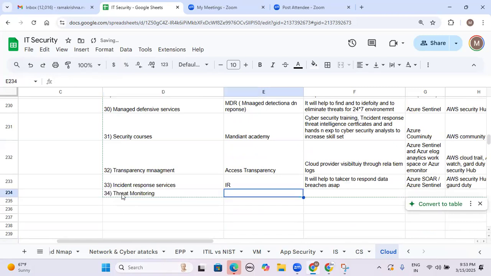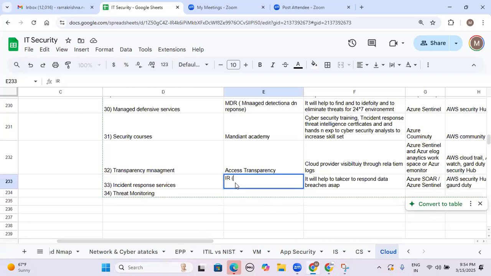So what is threat monitoring? Once again, depending on all the SOC related operations, it depends on Mandiant because they have partnered with Mandiant. So this one is called the Mandiant Digital Threat Monitoring Solution. This is also called Mandiant IR.